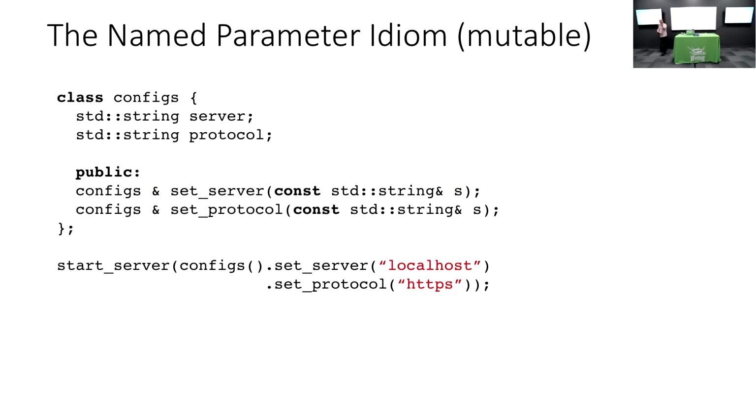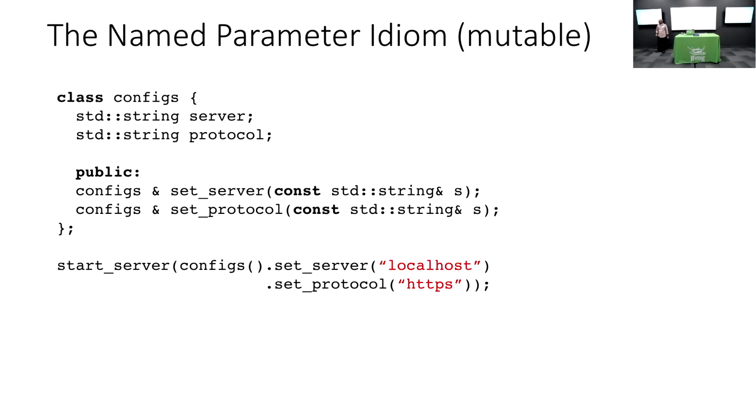If you've ever done SSL programming, you might know that you have to pass in up to 10 or so string arguments, and it becomes really hard to read that code. So the named parameter idiom allows you to arbitrarily reorder them because they are named, like set server localhost, set protocol HTTPS, and these functions can be chained.